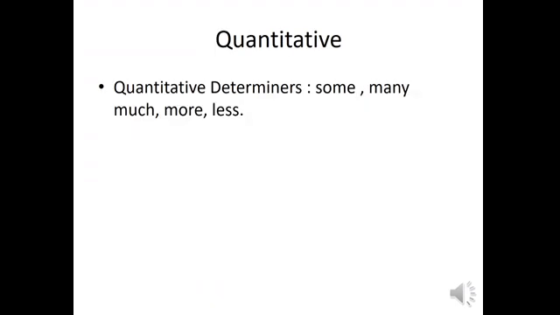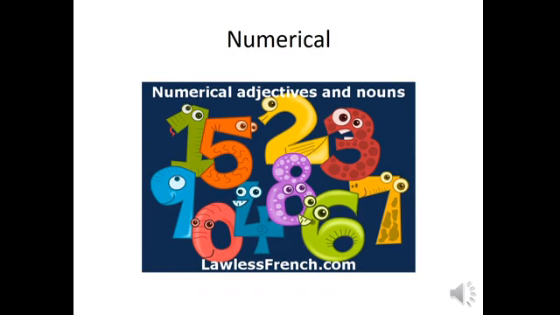Next, quantifiers. It gives us an idea about the quantity. Much, many, more, less are quantifiers. Quantifiers give us an idea about the quantity of things. We'll see the example. Next, numerals. The very numbers are numerals.